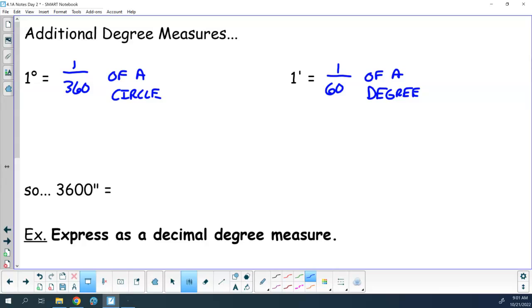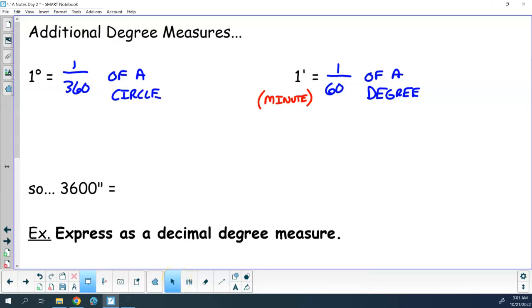Okay. So this one here is minute. Move this over. I wonder if it moves. The whole thing moves.